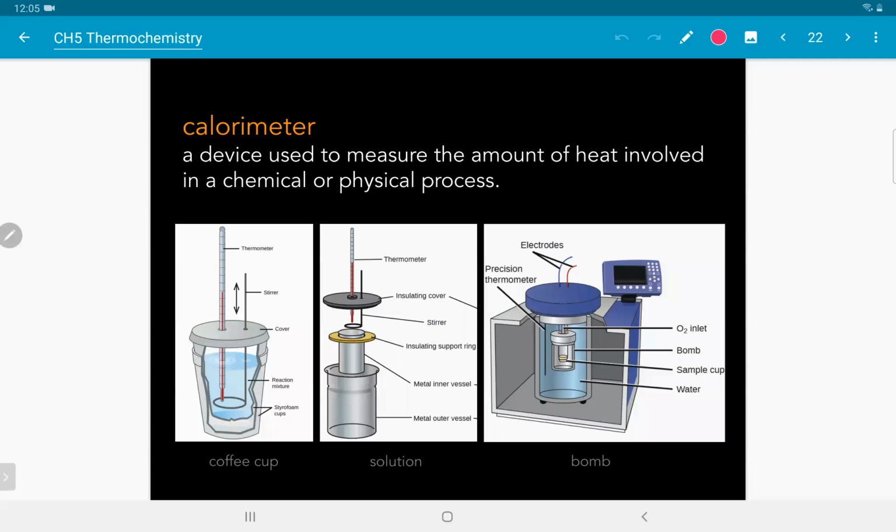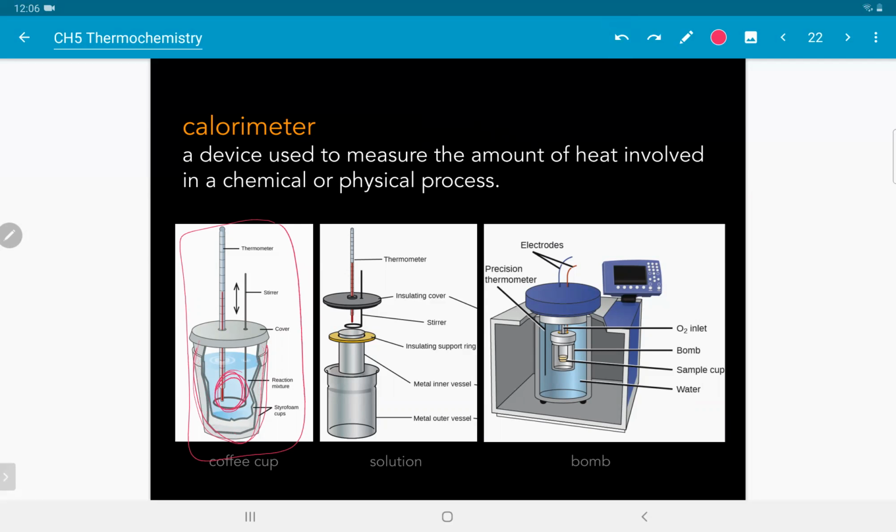All right, so the way that you can perform calorimetry experiments is through a calorimeter, which is a device used to measure the amount of heat involved in a chemical or physical process. One of the most basic, easiest types of calorimeter, which you'll actually be working with in lab on Wednesday, is a coffee cup calorimeter. You take two styrofoam coffee cups and stack one on top of the other, and you've made yourself an awesome calorimeter, right? It's insulated a little bit, so it holds most of the heat, and the heat that's generated or absorbed doesn't come from the coffee cup itself.